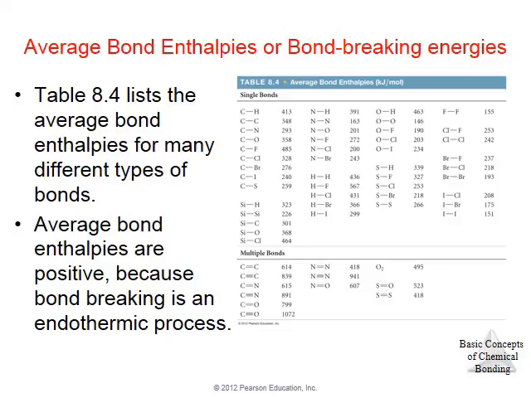Now, the table here shows average bond enthalpies, or bond breaking energies. Now, why do we use the term average? Because different bonds, as you see here, for example, the carbon-hydrogen bond, the energy is shown as 413 kilojoule per mole.